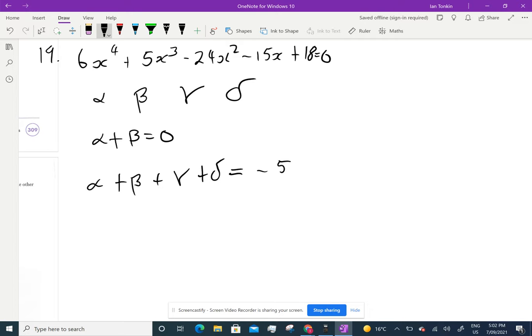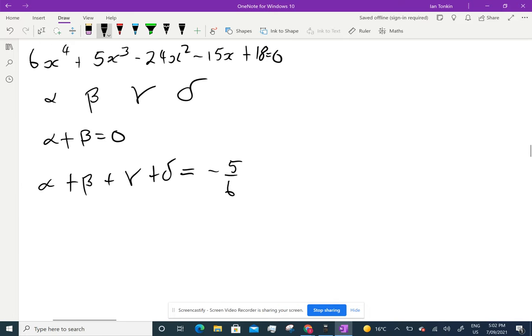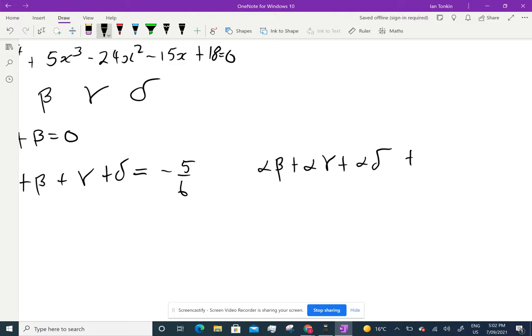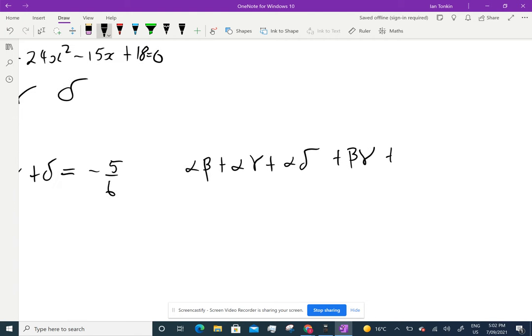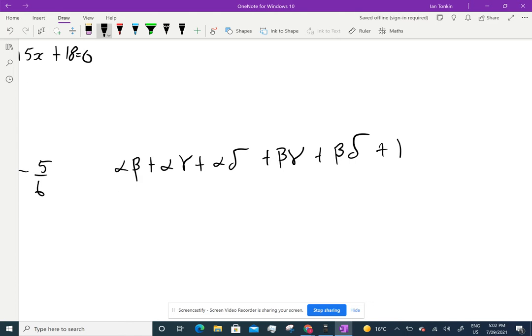So that's minus 5 on 6. Alpha beta plus alpha gamma plus alpha delta plus beta gamma plus beta delta plus gamma delta. So they're the roots 2 at a time. Make sure you get them all.